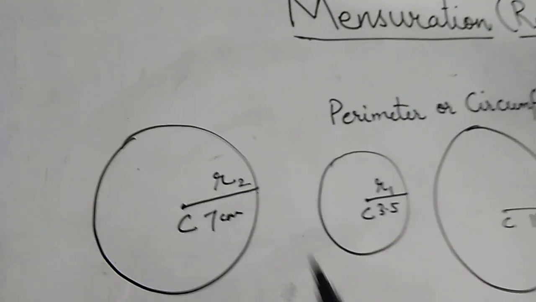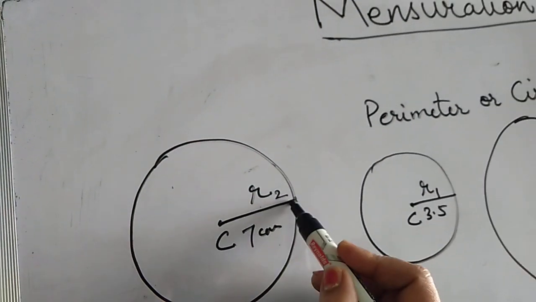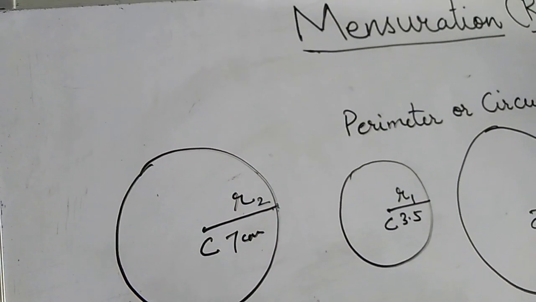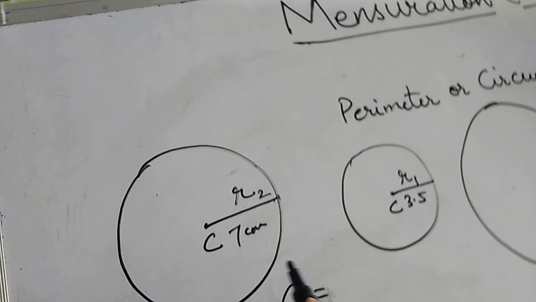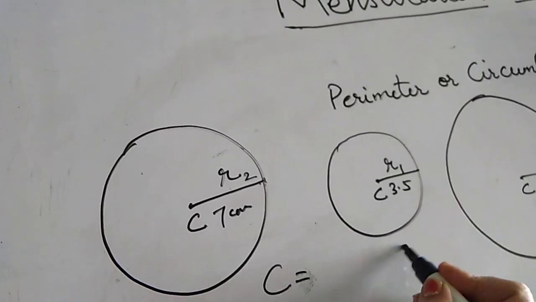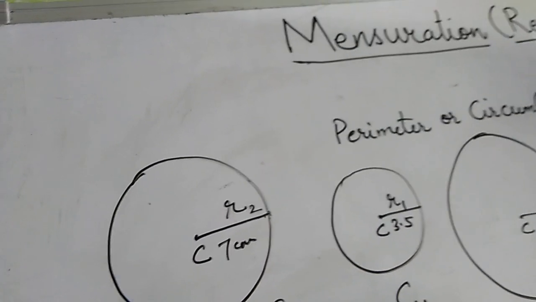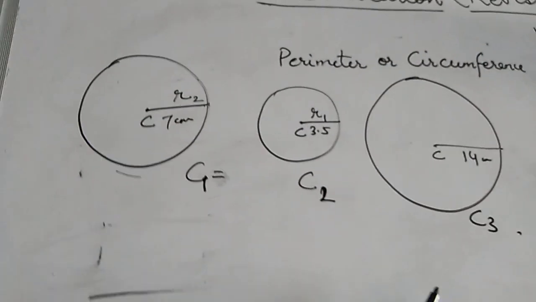So he took a thick thread and pasted the thread over the boundary, and then he took the thread and placed it on the ruler. When he measured, he found the perimeter, the circumference. In different cases he found C1, C2, C3, three circumferences he calculated.